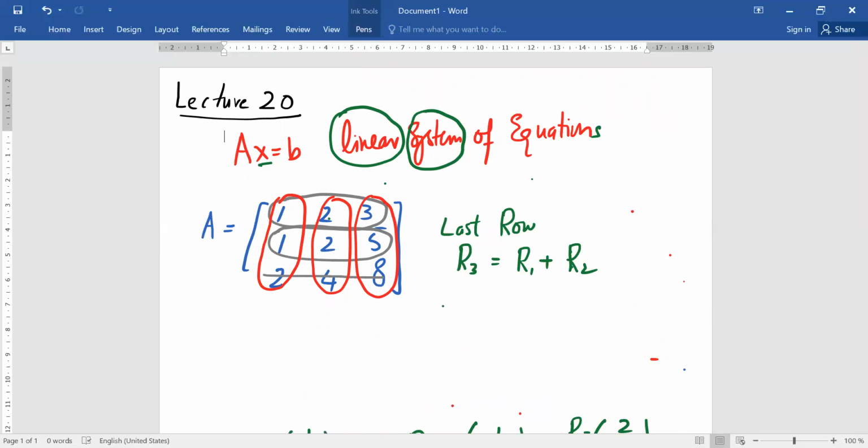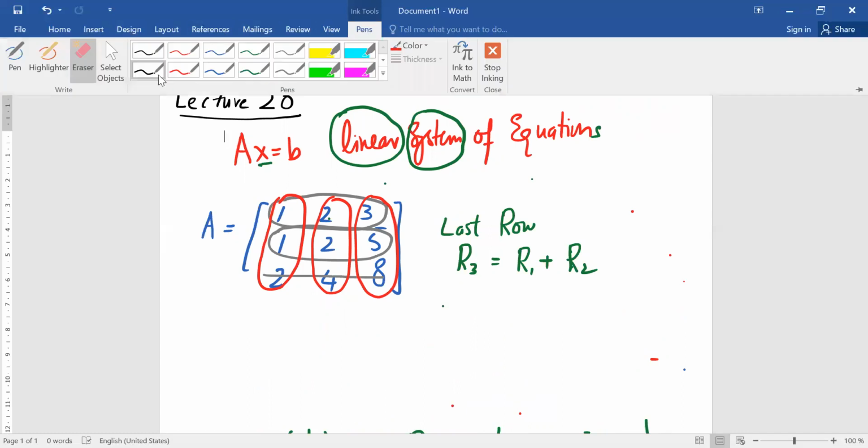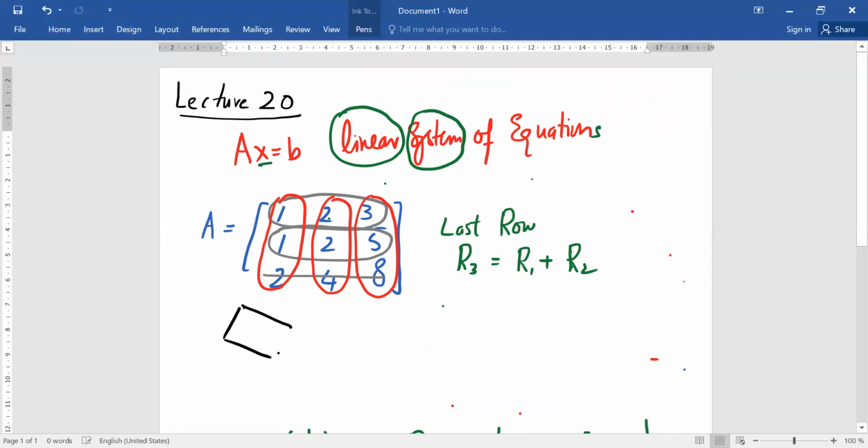Okay, so last time we formed those spaces. So this is my row space, and you know where I formed it. And this row space forms an intersection at the origin, just at the zero vector, with what is known as null space.